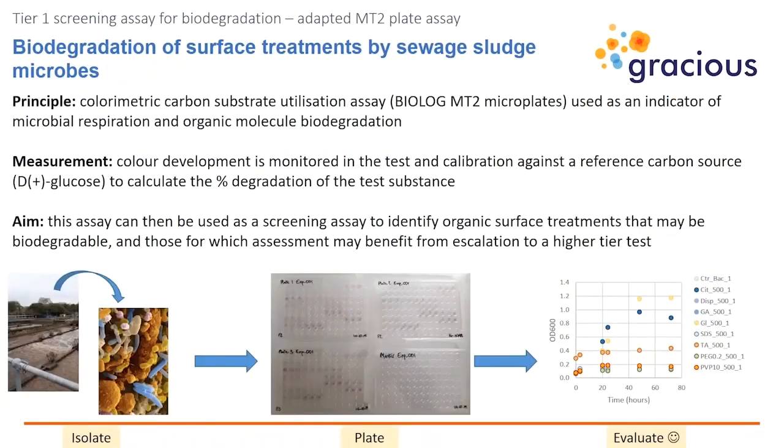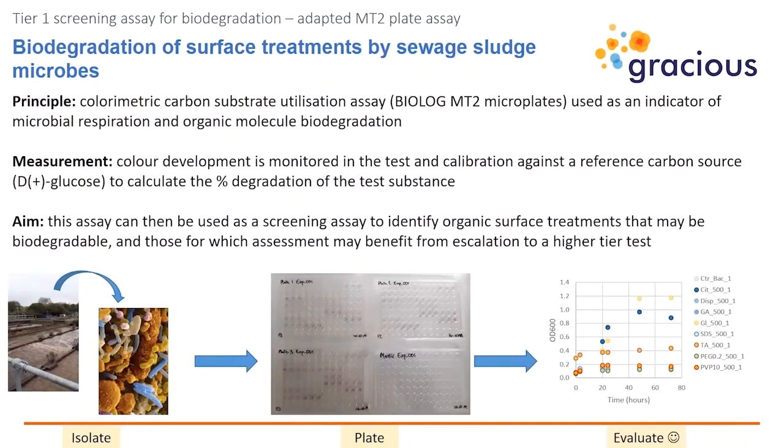So the principle behind the tests that we've developed and optimized at UKCEH is that we take the MT2 Biolog microplates. This is a colorimetric carbon utilization assay in which we inoculate our plates with microbes isolated from sewage sludge. And then we introduce our test substances as well.